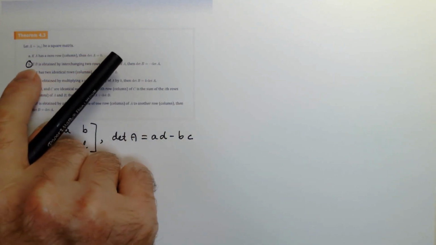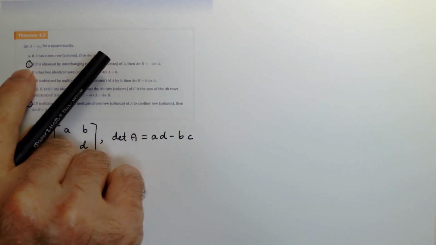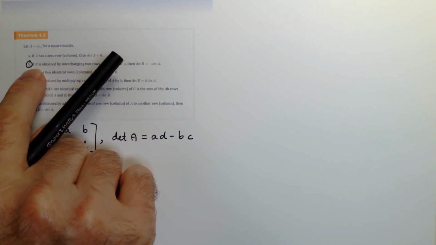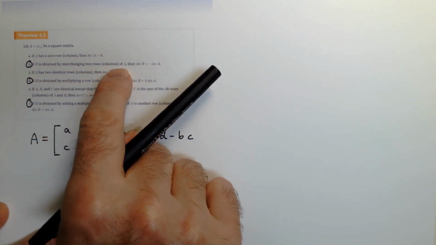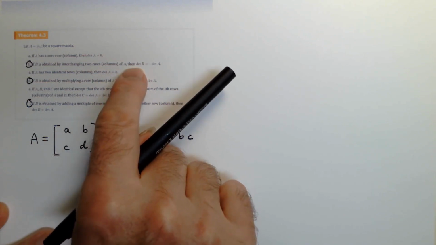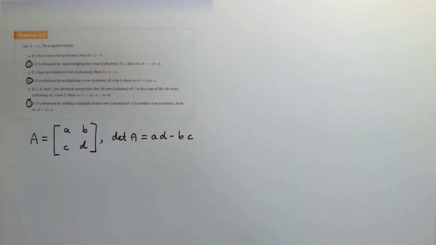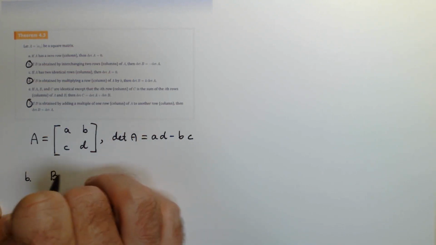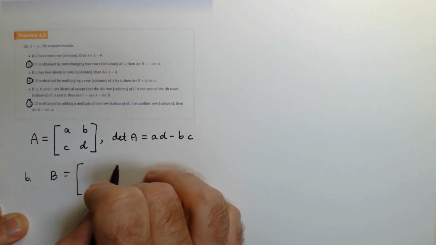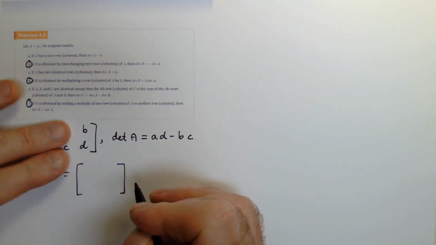Now let's take a look at the proof of B. In this part B, capital B is a matrix obtained by interchanging two rows of the matrix A. We want to show that the determinant of B is equal to the negative of the determinant of A. So in part B, our matrix capital B has to be what I get by interchanging these two rows.